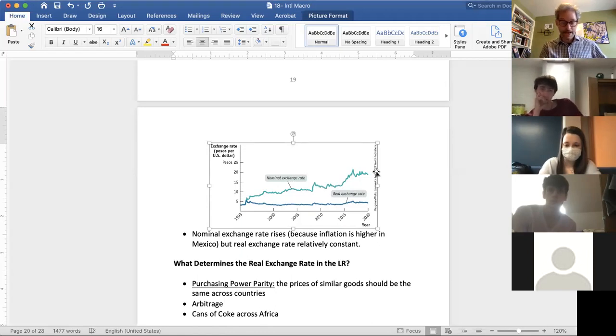Vice versa, I don't have a graph for this, but if you looked at the dollar versus the Japanese yen, you see the opposite, that the dollar tends to depreciate against the yen. Why? Because Japan has lower inflation than the US. So just knowing inflation rates, you are going to know a lot about long-run movements in the exchange rate.